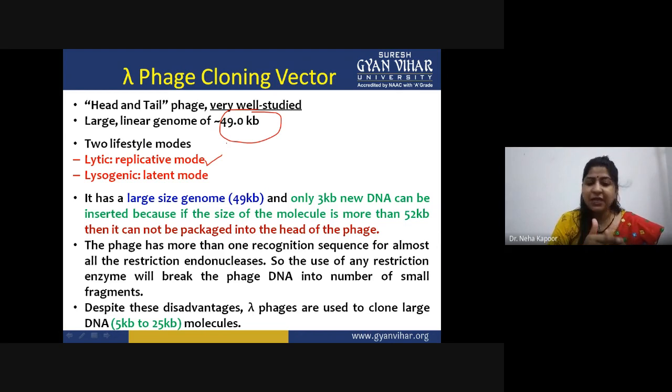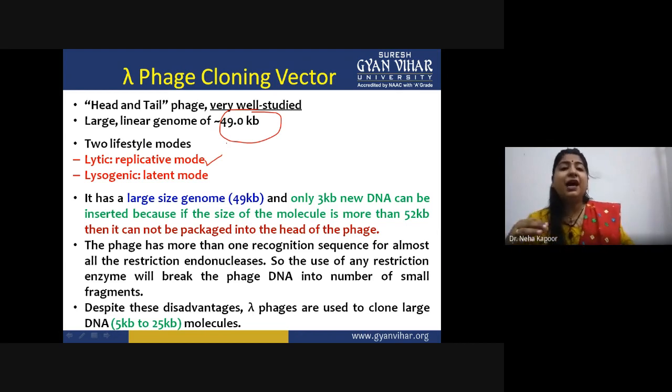Because of the large genome of 49 kb size, the total DNA that this lambda phage can hold is up to 52 kb. That means we can insert only a 3 kb segment.